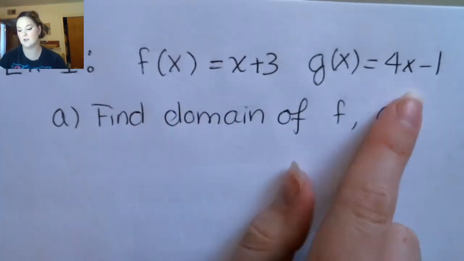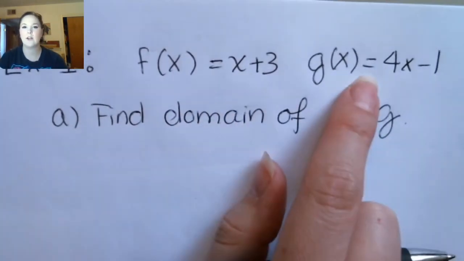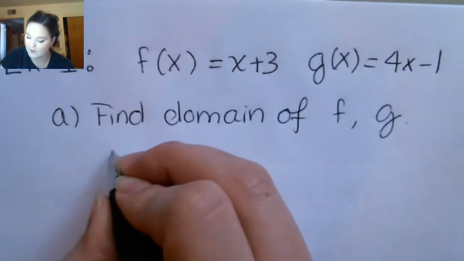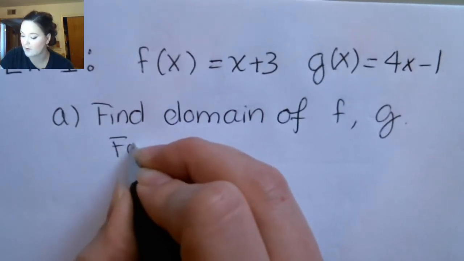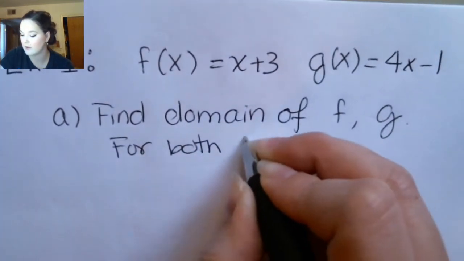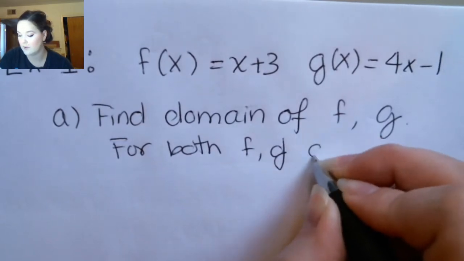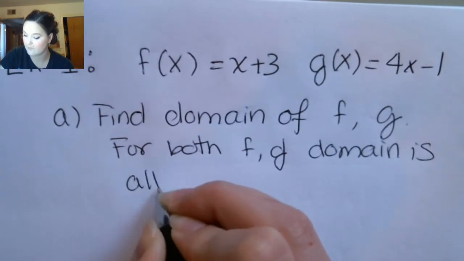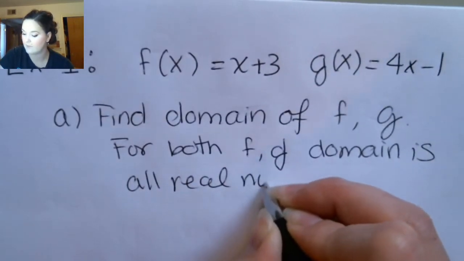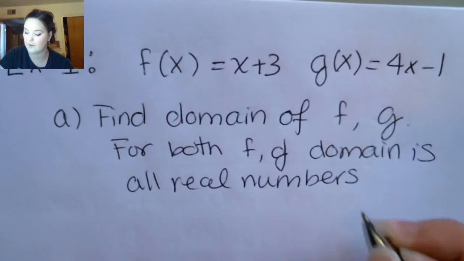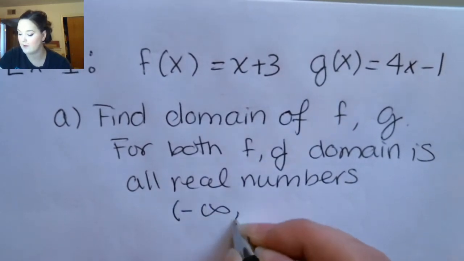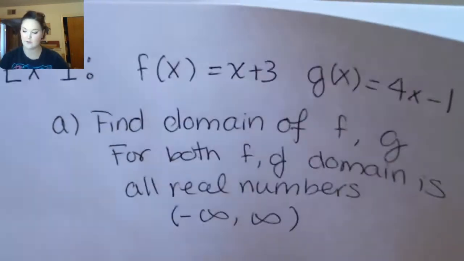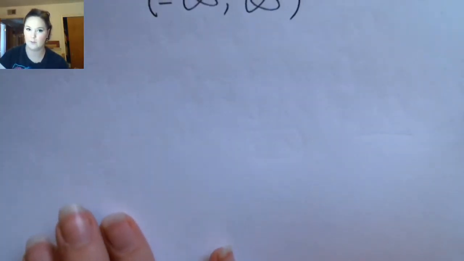So because these are just lines, you don't have any restrictions on what you're allowed to plug in here. Okay, so we would say that for both f and g, the domain is everything. Okay, and you can write that as an interval like that. Okay, so now let's look at part B.